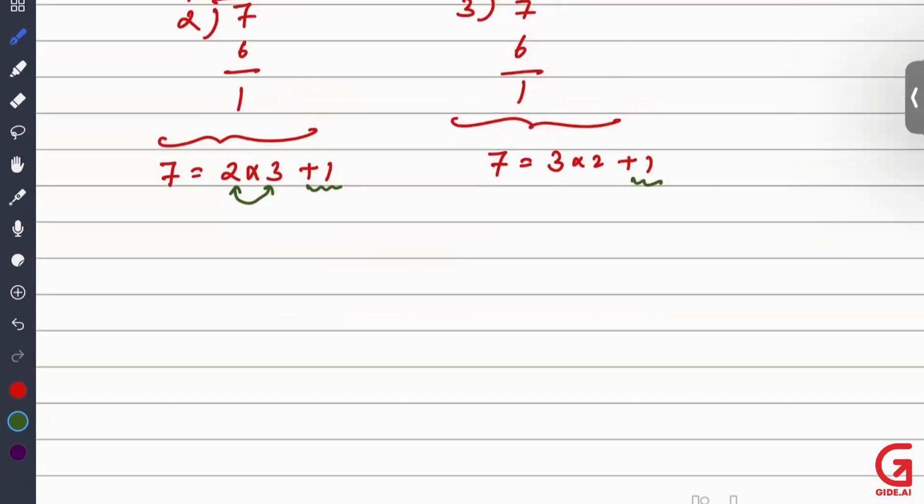Now, again, I'll take f(x) = x² - 5x + 6. I can also write it as (x - 2)(x - 3). Now here, what are the factors of f(x)?